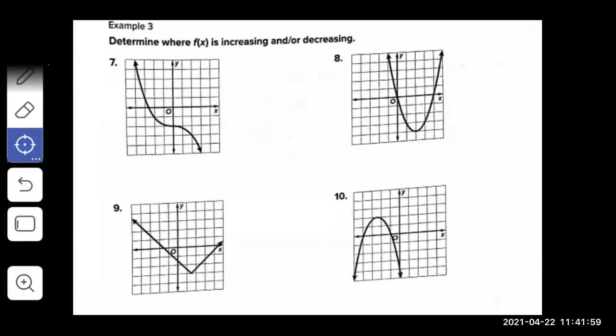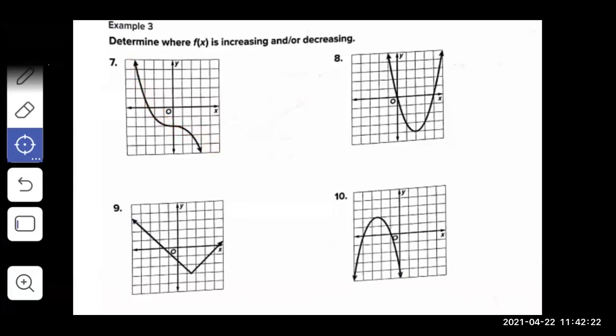It could be both. We said that a graph is increasing, guys, if the graph is going what? Increasing goes up or down? Up. It's going up. Can someone tell me? Intuitively, is this function increasing or decreasing?